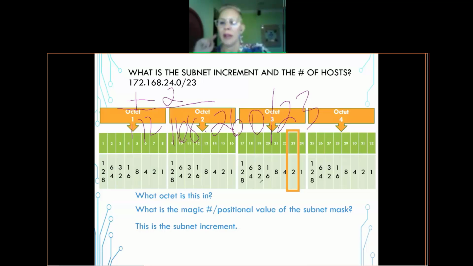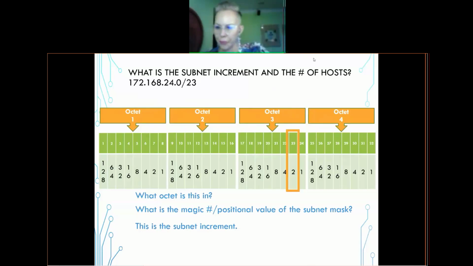Okay, how many host bits? 9 host bits. How many total addresses? The total number of addresses for 9. Total addresses, so this includes the network and the broadcast.